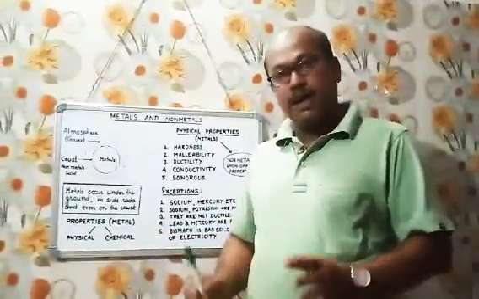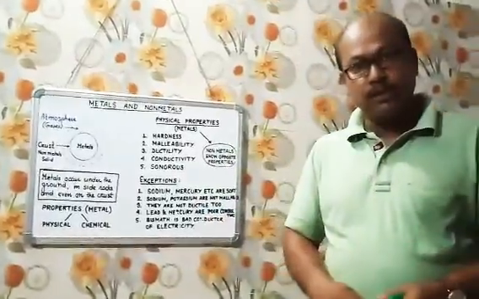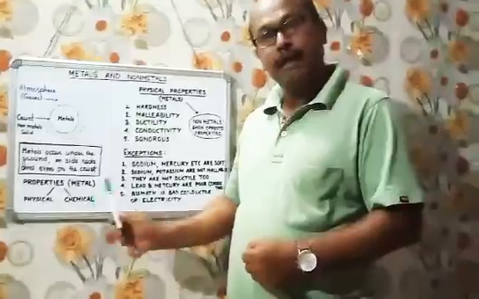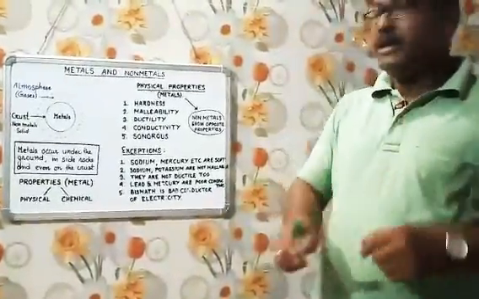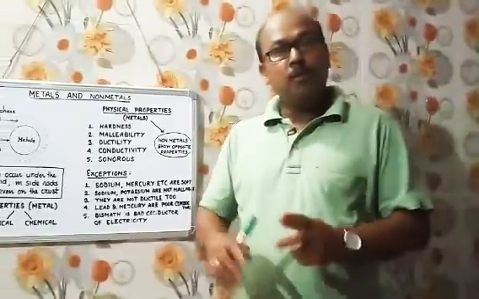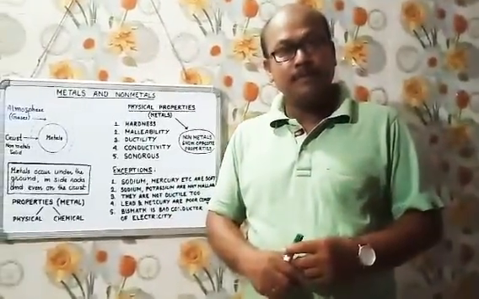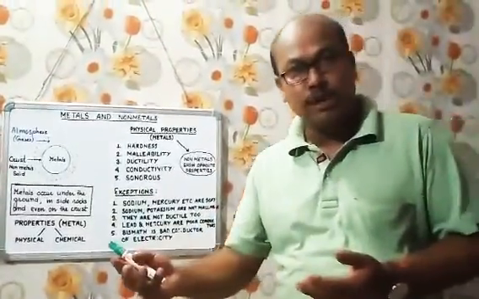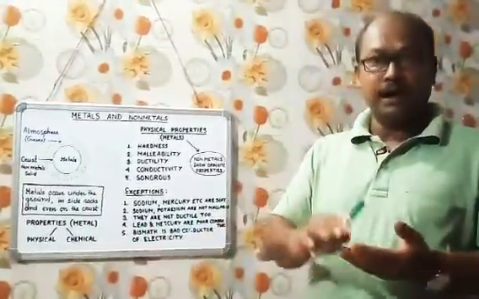Properties of metals are classified into two categories. They are physical property and then the chemical property. We will be coming directly to the physical properties of the metals. Now, what is a physical property? A property that can be understood by using our sense organ, like hardness.